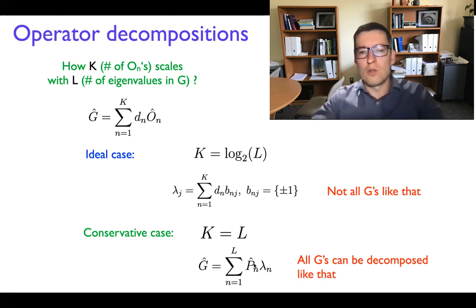You will need only as many projectors as eigenvalues to do that, and each projector has just two eigenvalues. Therefore, you cannot get worse than this, right? So you can already see from this that this approach is more efficient, because at least you will get L as opposed to L squared we saw before. And in the ideal case, it could be log L in terms of operators.